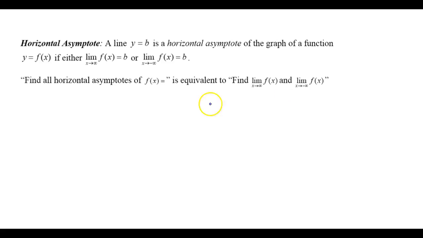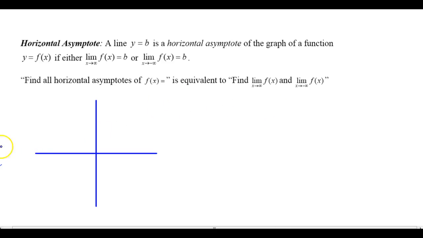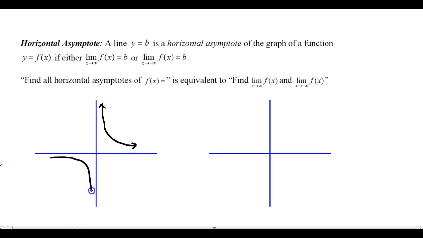So let's take a look at two quick examples. I'm going to draw two different xy planes and two different functions. Let's say I have the reciprocal function that we looked at earlier, 1 over x. It looks like this, and it has a horizontal asymptote at y equals 0.